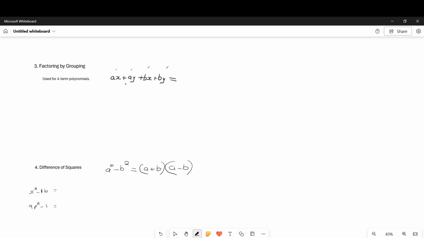This kind we can simply factor out. First we factor a out, so a in the bracket x plus y, plus b, we factor b out, b times x plus y, the same thing we did before. Here the common binomial factor is x plus y and x plus y.